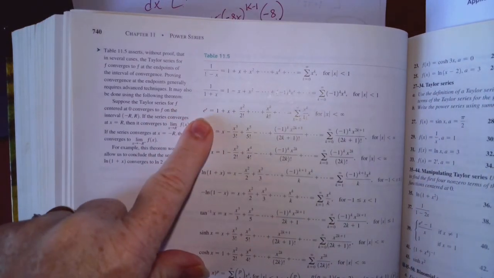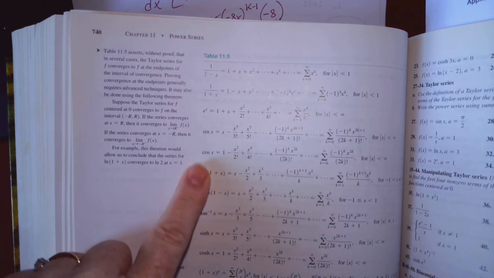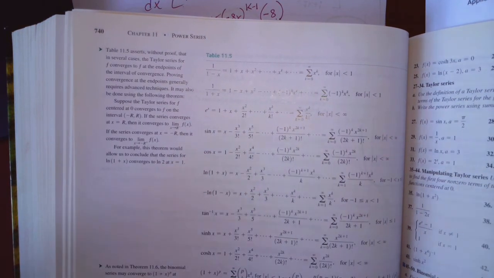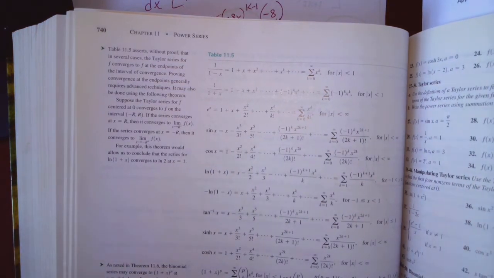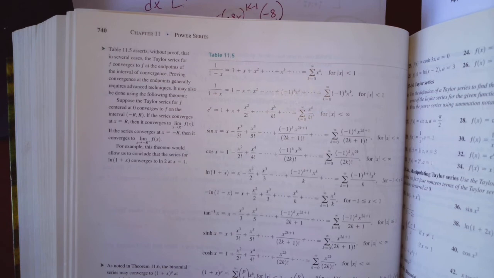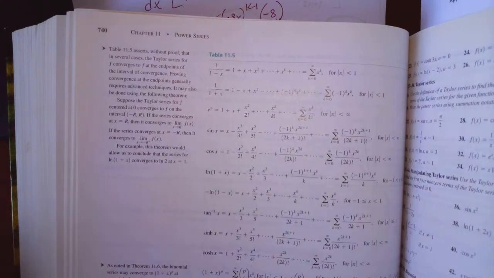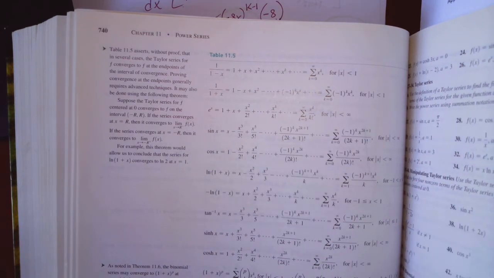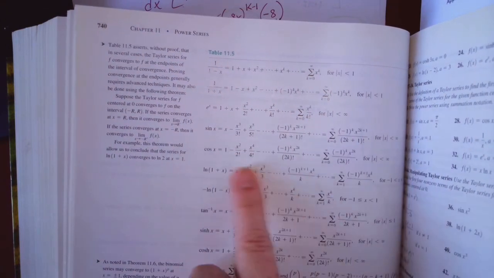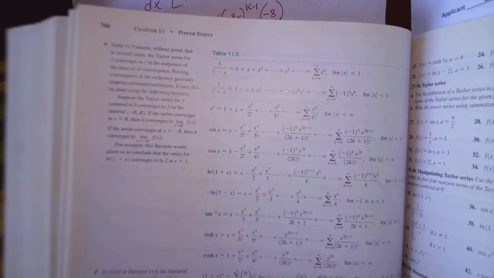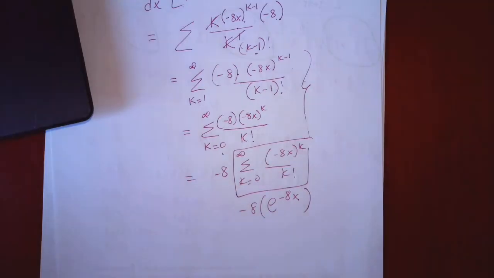It is good if you have e to the x, sine x, cosine x familiar in your head, because that way it's a lot easier for you to check yourselves. On your test, what I will typically ask you to do is use the definition to find a power series representation for a function. So you would actually be deriving that as we have been doing in all the examples that we've done in class today. But you don't have to memorize that table at all.